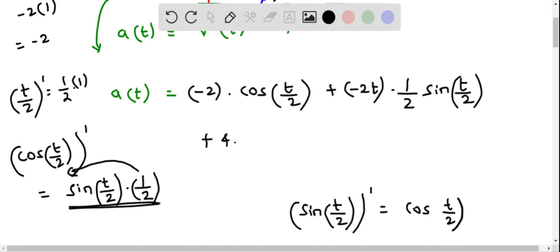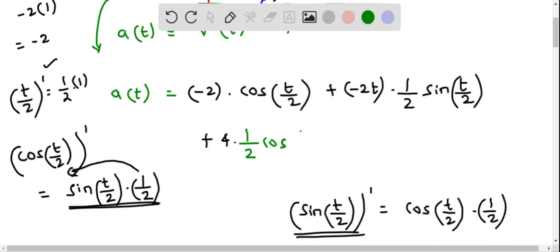We put the inside function as it is, and then find the derivative of t by 2, which we have already found, and this equals 1 by 2. So the derivative of sine of t by 2 equals 1 by 2 cos t by 2, which I'm going to replace here. So I put 1 by 2 times cos of t by 2.